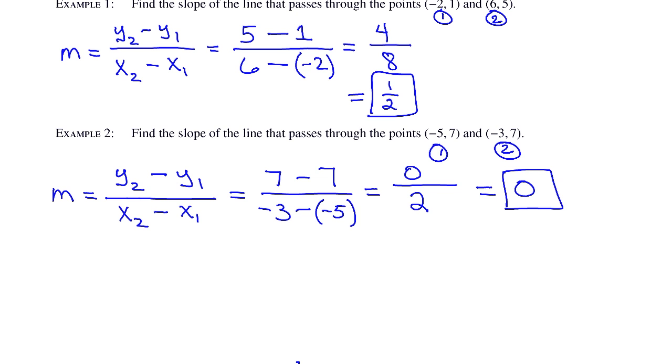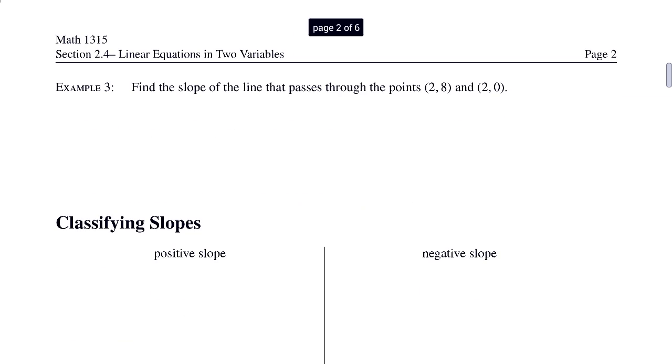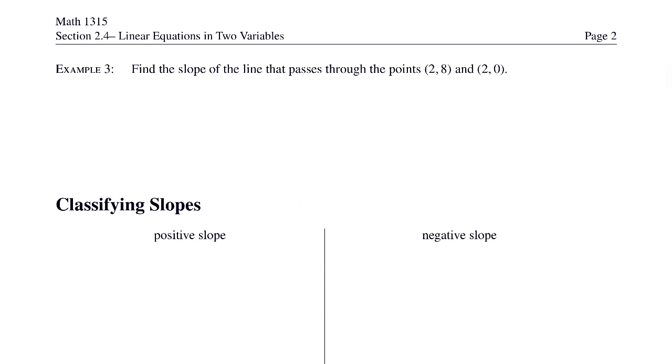Let's look at example 3. Find the slope of the line that passes through the points (2, 8) and (2, 0). If we try to compute the slope, we would have m is equal to y2 minus y1 over x2 minus x1.